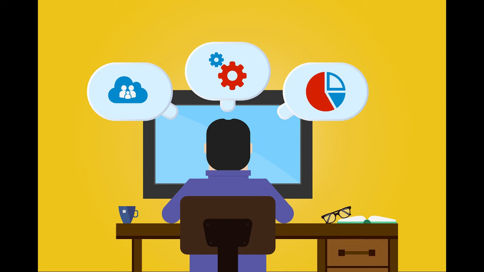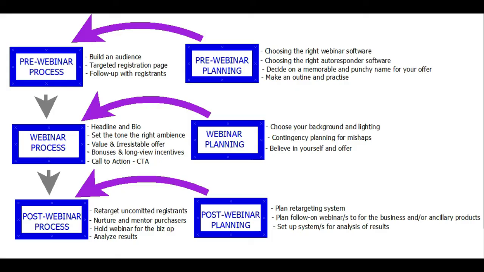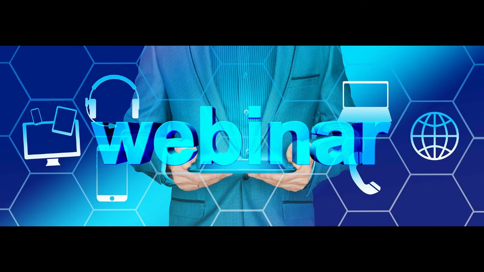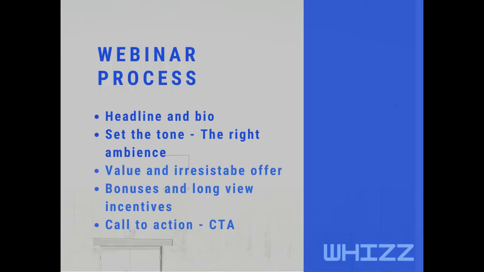So now it's time to look at the processes that you will have to undertake when you actually deliver your webinar. But I'm just going to run quickly through some of the essentials that you have to have in your webinar. First one obviously is a really catchy headline. It's going to be the same headline that you used on your webinar registration page, which hooks people in who are going to be really interested in your product, have a great need for it, and have the resources to actually purchase it.